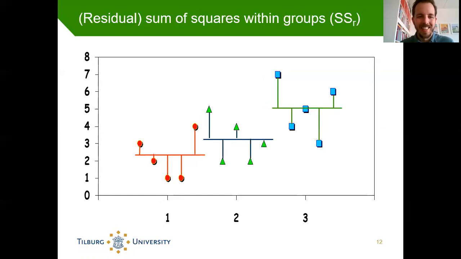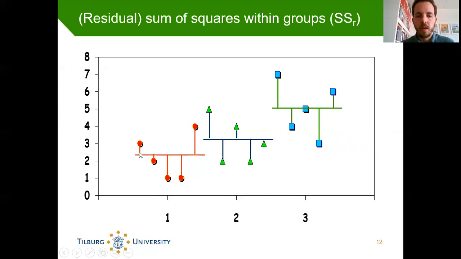Finally, SPSS needs one more thing, and that's basically how much noise there is in your data. And this is called the residual sum of squares within groups, or abbreviated as sum of squares R. And what this means is that for each group, still there's this average, right? So again, here, there's this horizontal red line for group 1.